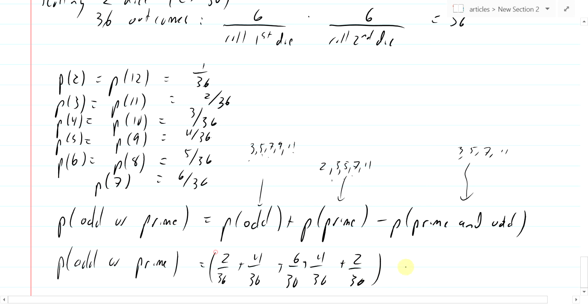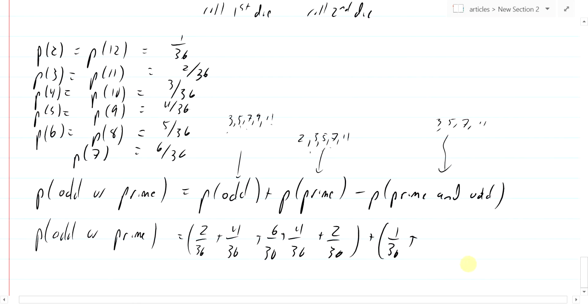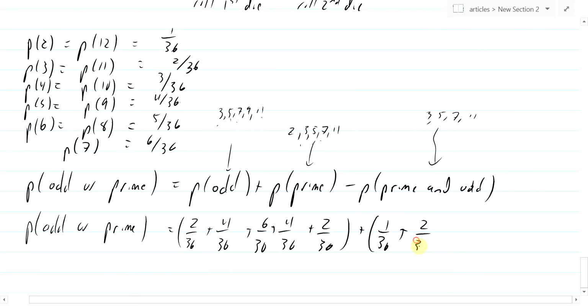So that's the probability of getting an odd. What's the probability of getting prime? It's 2, which is a 1 out of 36, plus the 3, which is a 2 out of 36, plus the 5, which is a 4 out of 36, plus 7, which is 6 out of 36, plus 11, which is 2 out of 36.